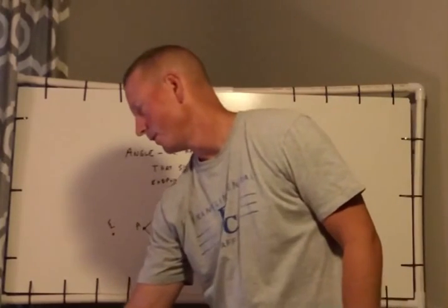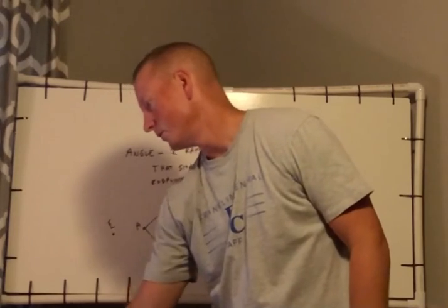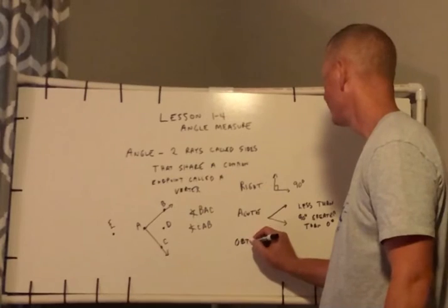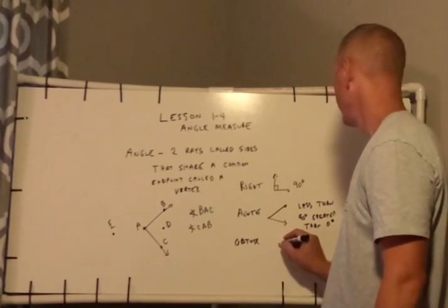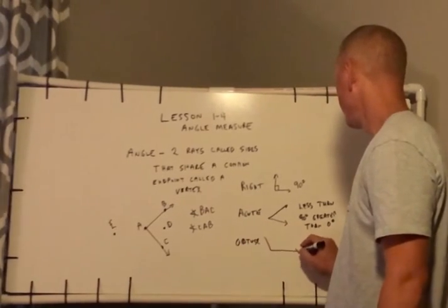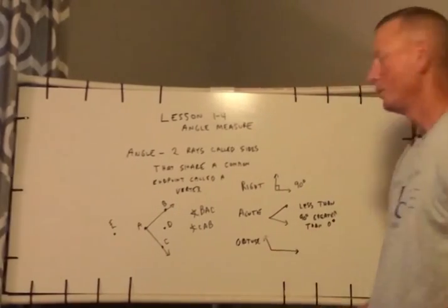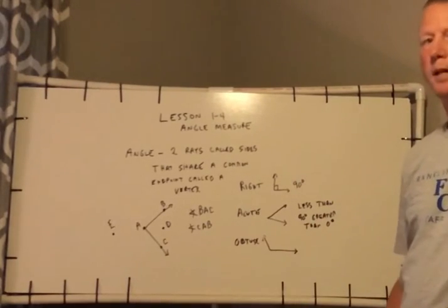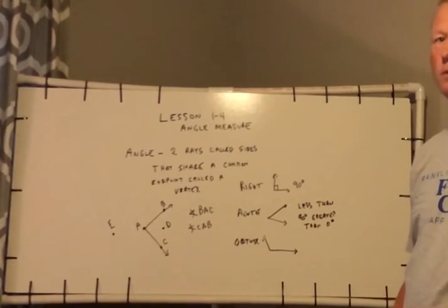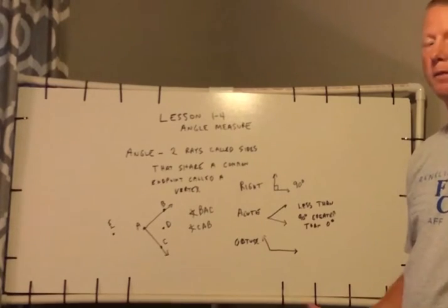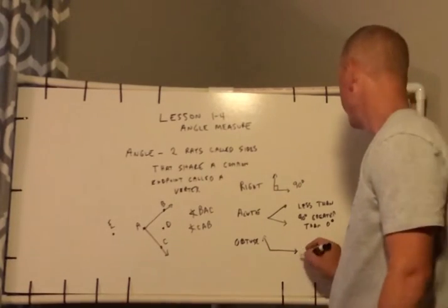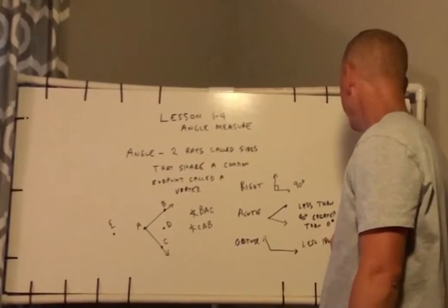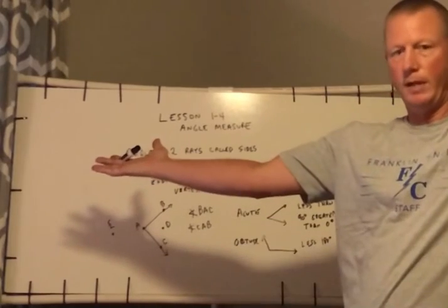The next type is an obtuse angle. We say an obtuse angle is bigger than 90. So it opens up wider. So here's 90, it has to be bigger than that. Now we also say obtuse has to be less than 180 and bigger than 90. And 180 means that it is completely flat.